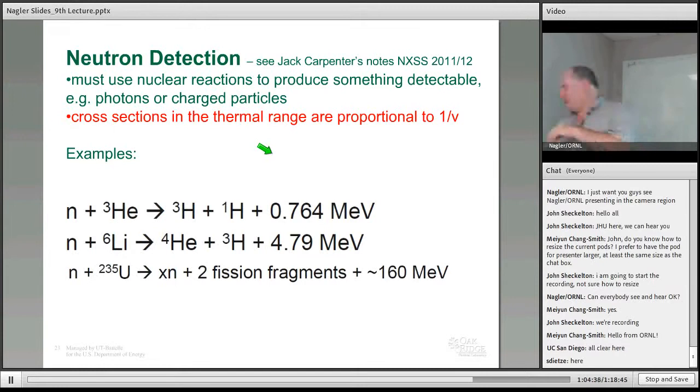Well, let me now talk about how we detect neutrons. Now, first thing I'm going to say is that detecting neutrons directly is not a good way to go. Neutrons are neutral particles. They interact, as we already discussed, very weakly with matter in general, and we don't really know very good ways of counting neutral particles.